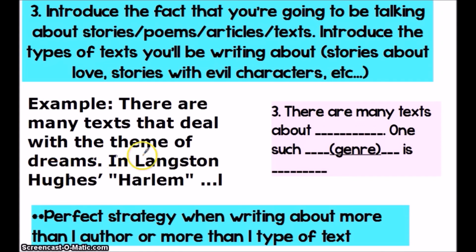And then my second sentence, which is still part of my connection, would be me mentioning Langston Hughes and Harlem. And I actually could probably even make this my thesis. So here you have on the right side the sentence frame that you could use if you wanted to apply this strategy. This is a perfect strategy to use when you're writing about more than one author or more than one type of text.